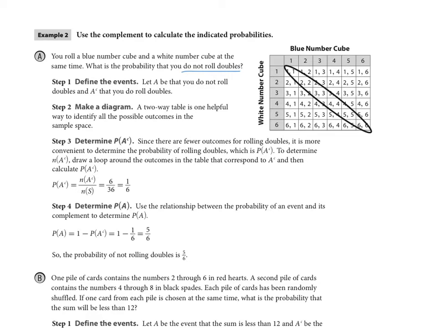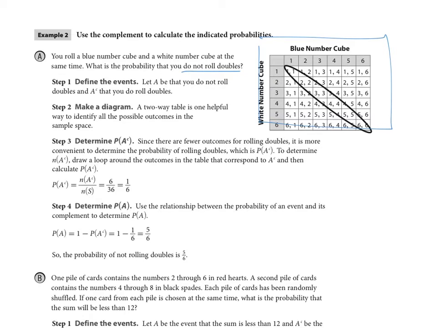So here's how we're going to work this. First off, we're going to define the events. So A is that we do not roll doubles, and A complement is that we do roll doubles. We make a diagram, and we have this sample space that encompasses all of our different possibilities. And then we're going to determine the probability of the complement.